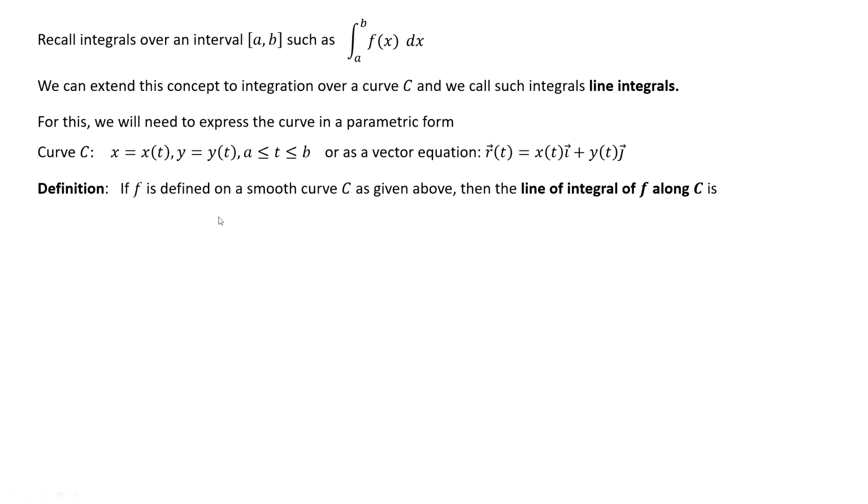So the curve has to be smooth. And then the line integral of f along C is given by the integral of f of x, y over this curve C, ds.